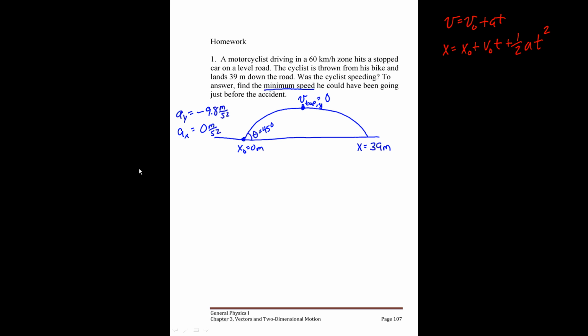So in the X direction, since AX equals 0, I can say that X is equal to V naught T, and since that acceleration doesn't change, I can just say that's equal to Vxt. So X equals the velocity in the X direction times time. And then further, I can also say that Y is equal to V naught YT plus 1/2 AYT squared. All right, so these two are relevant in this case.